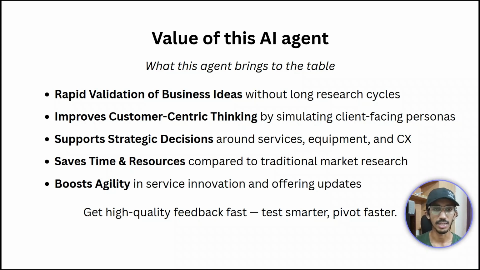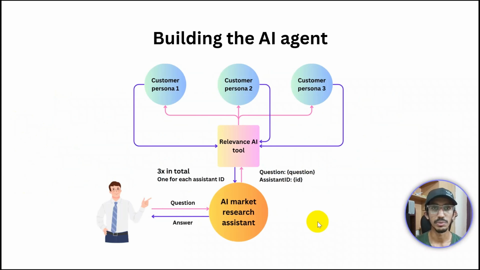It can save time and resources compared to traditional market research. It can boost agility in service innovation and offering updates. So you can get very high quality feedback in a fast manner so that you can test smarter and you can pivot faster.